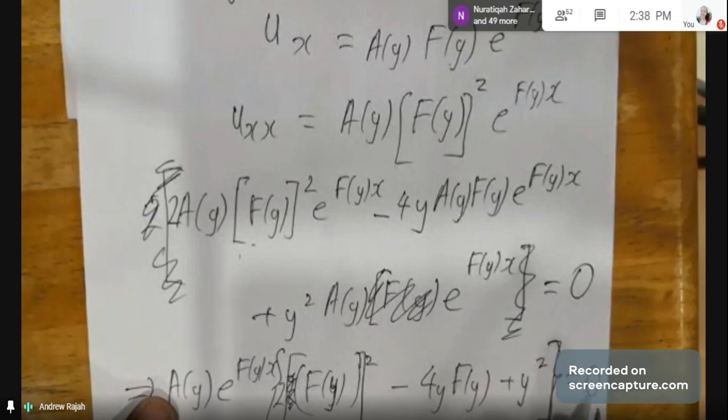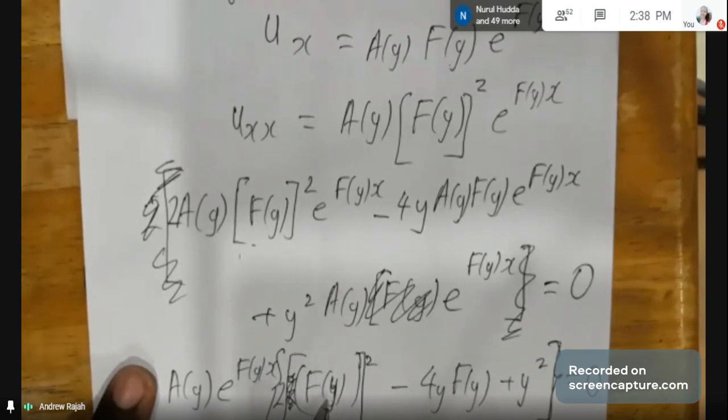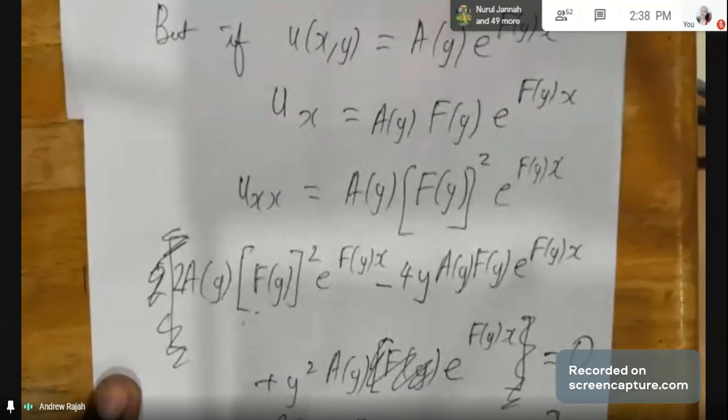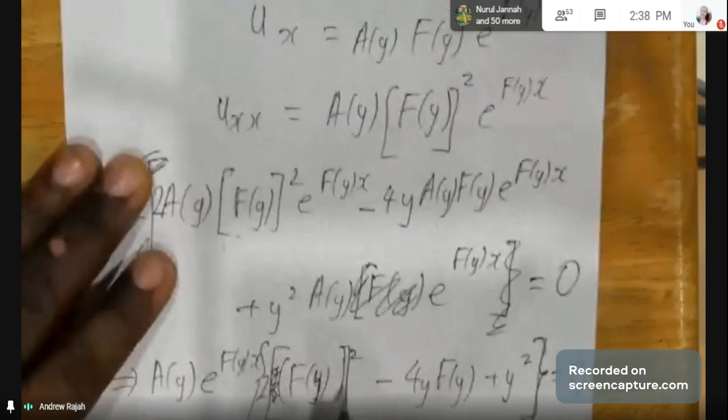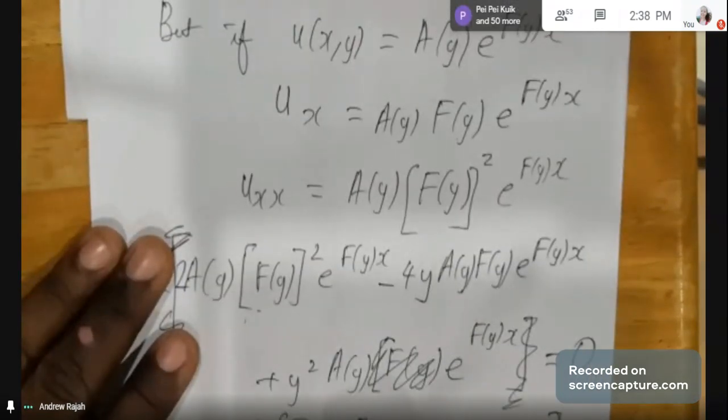We choose f(y) as y plus y over square root 2.